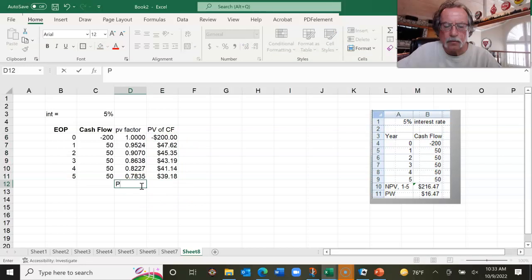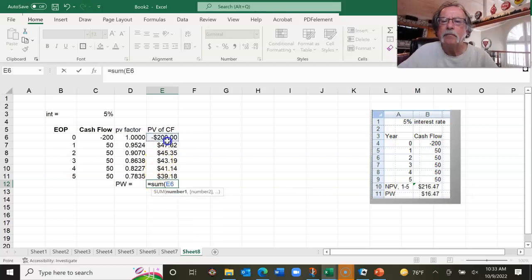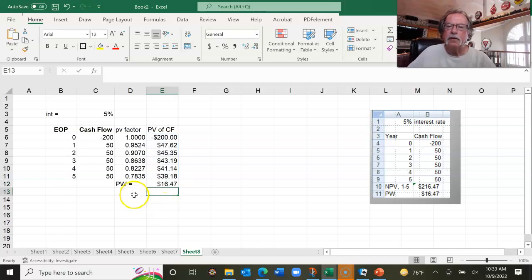So the present worth is simply going to be the sum of that. So we know that the answer is 1647.